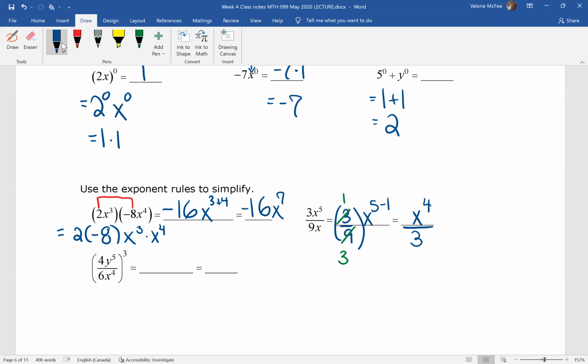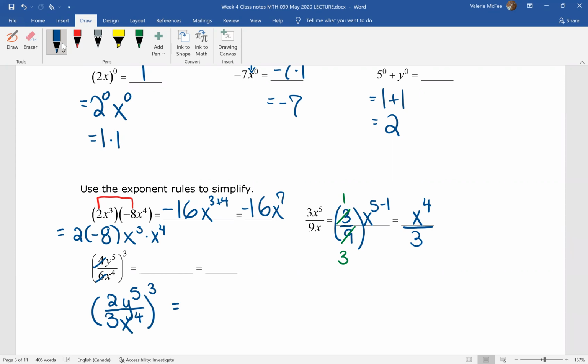Why don't you pause the video and try the next one? I hope you simplified this first. Remember that BEDMAS? Brackets, exponents. We always solve inside the brackets first. Well, we can certainly simplify that 4/6 and then raise it to the power of 3.